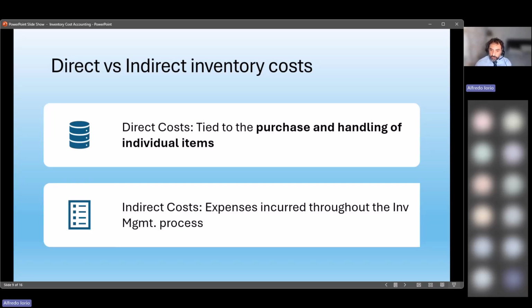Direct costs in accounting terminology, direct costs in your inventory are costs tied to the purchase and handling of individual items for the individual transactions. Example, insurance, custom duties, freight, right? Those are direct costs.